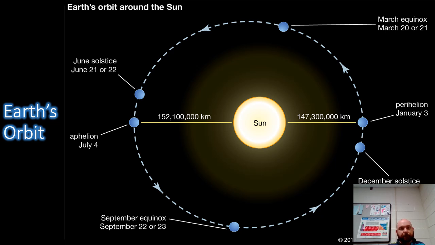So in case you are not aware, the time it takes for the Earth to go around the sun one full time is what we call 1 year. That's how we measure the length of a year. It takes approximately 365 days. It really takes 365 and 1/4 of a day.